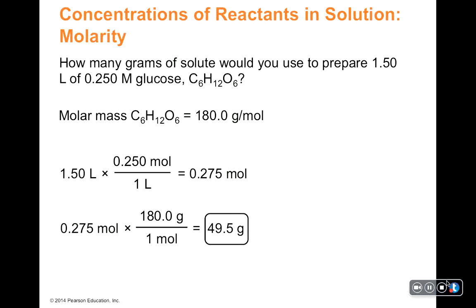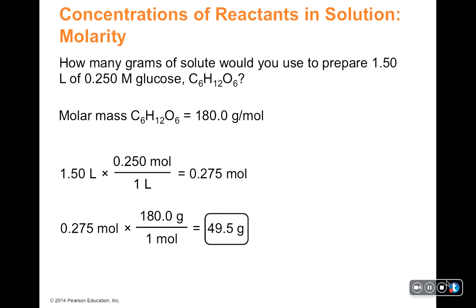The conversion factor here is the actual molarity of the solution, with liters on the bottom and moles on the top. That factor is the definition of molarity. So we have 0.250 moles for every 1 liter. That tells us that we need 0.275 moles of glucose to make this solution.